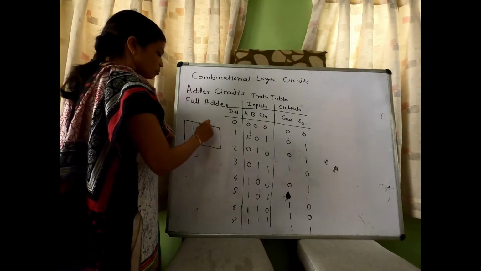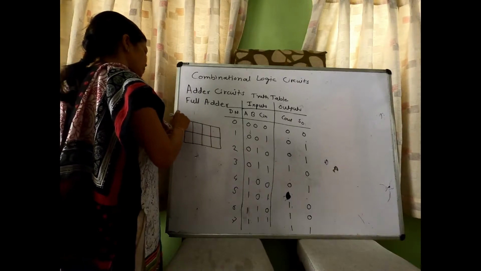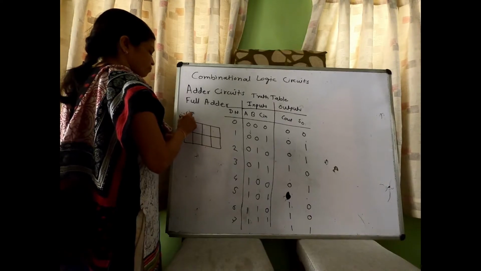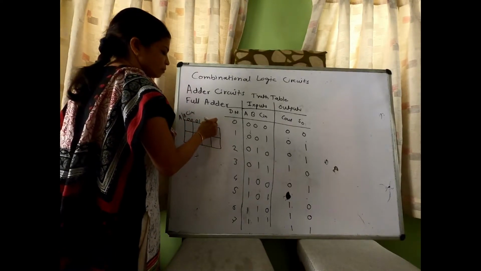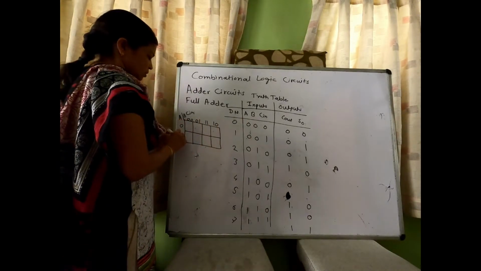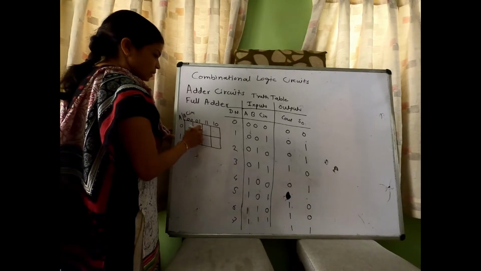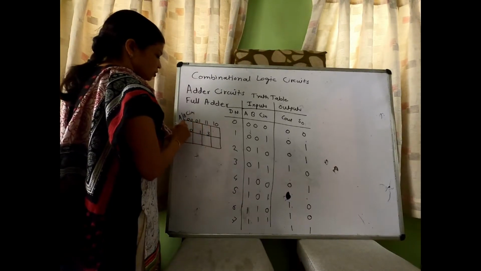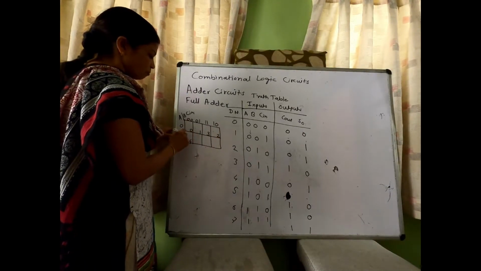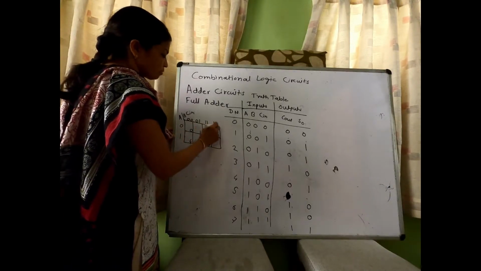That's why we will go with the 3 variable K map as A, B, C in. Cell numbers are 000 as 0, 001 as 1, 011 as 3, 010 as 2, 100 as 4, 101 as 5, 111 as 7 and 110 as 6.